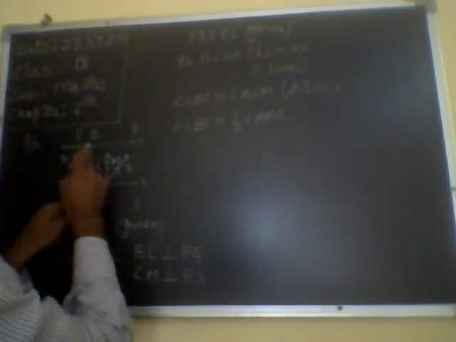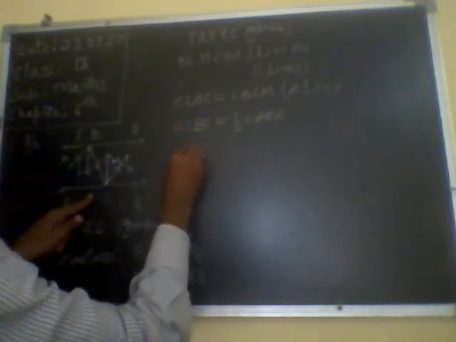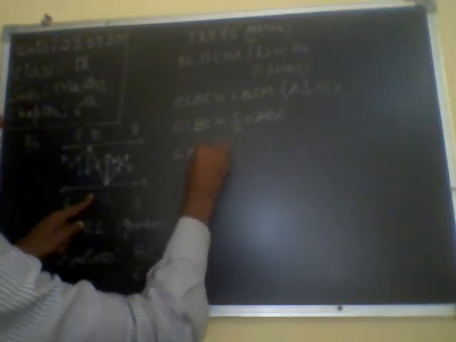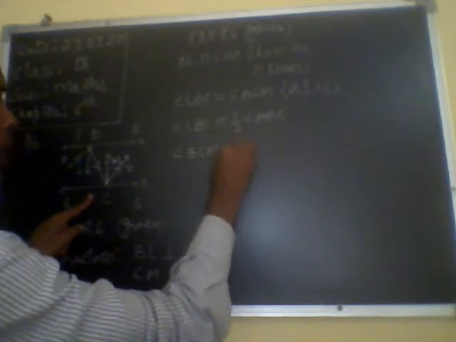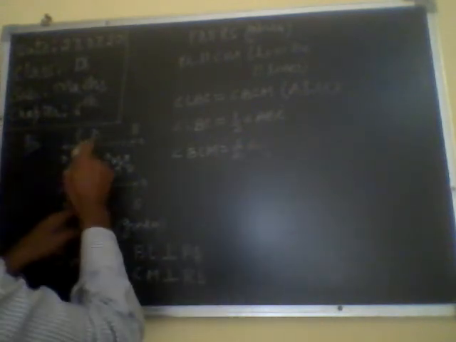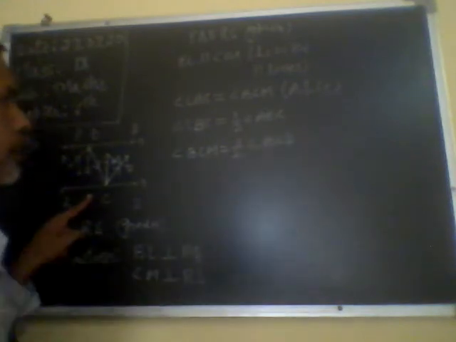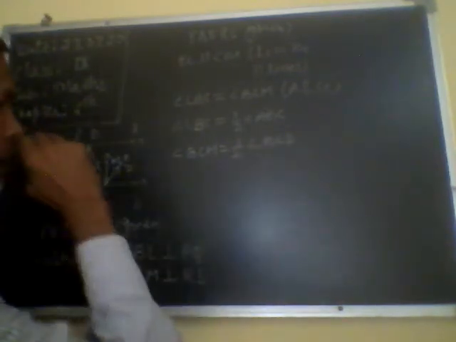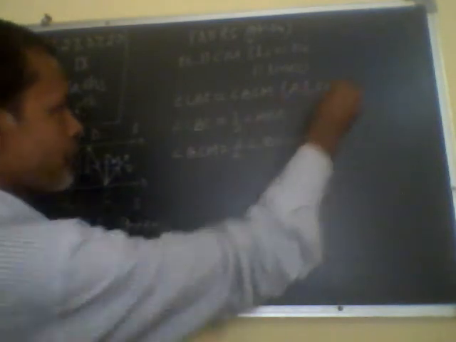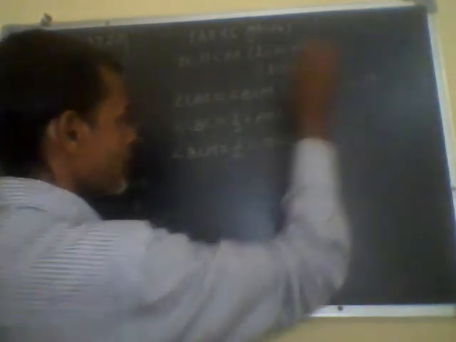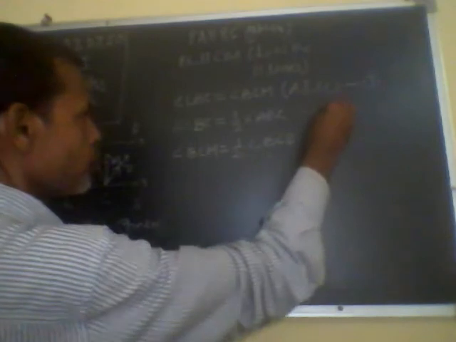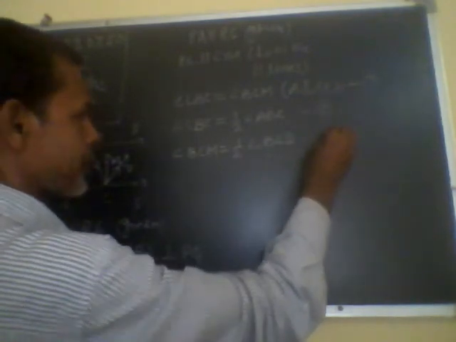Similarly, angle BCM is half of angle BCD. Now again come to these relations, marked as 1, marked as 2, marked as 3.